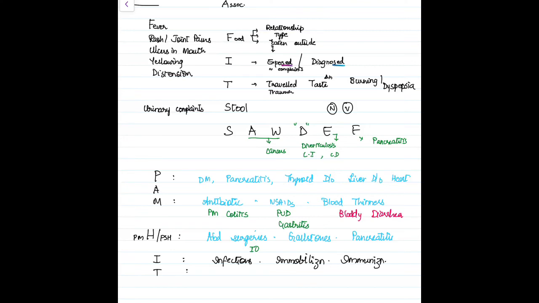Under travel, I just ask an open-ended question, but for a hiking trip, or have you drunk water from a freshwater lake? This is for giardia. Traveler's diarrhea, most common parasite is giardia.